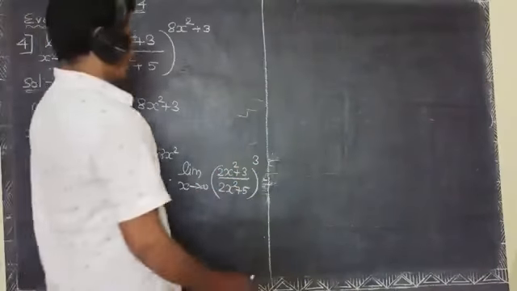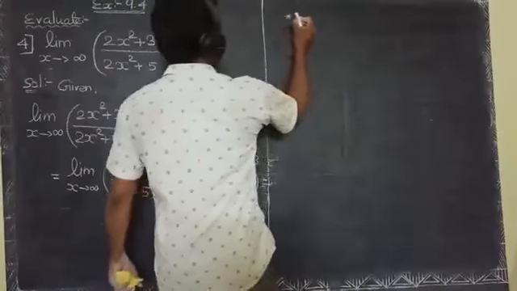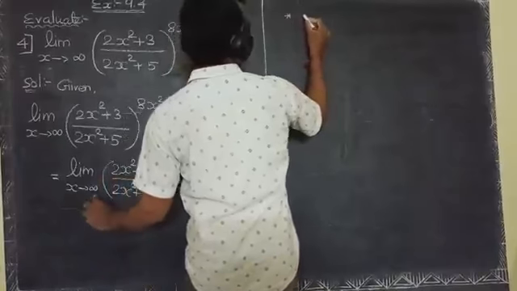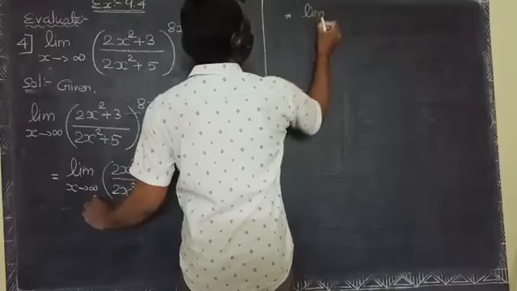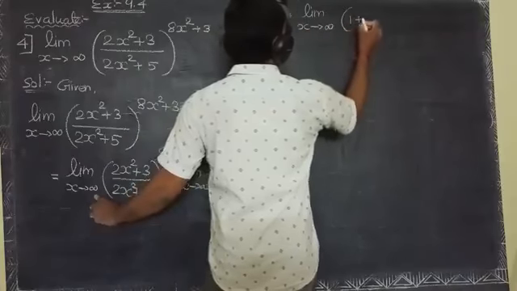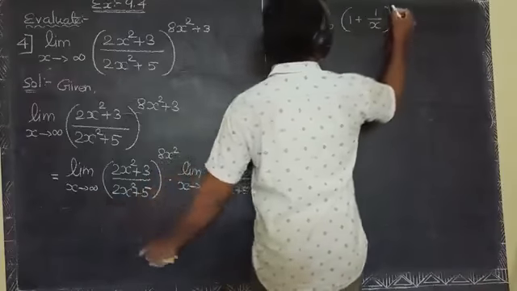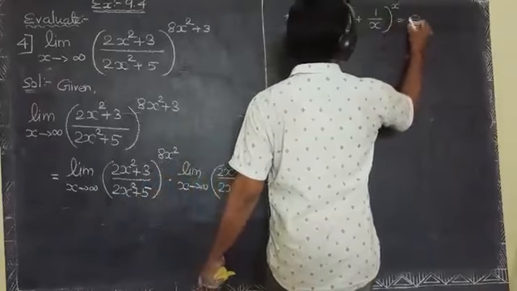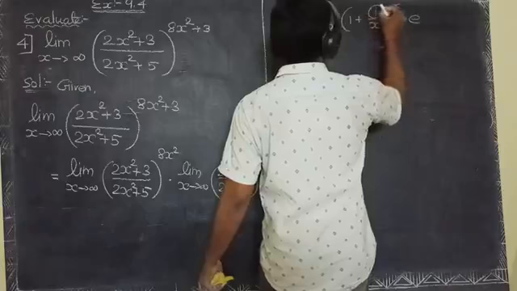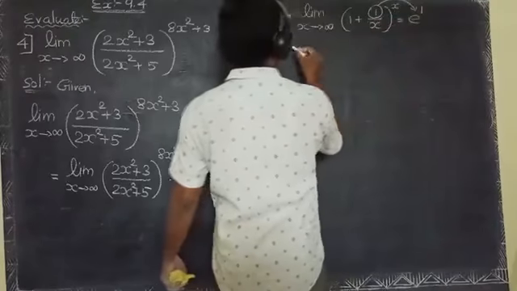Here we know the property of limits at infinity: limit x approaches infinity, (1 plus 1 divided by x) whole power x, is equal to e power the numerator, like as 1, then the resultant is e power 1.